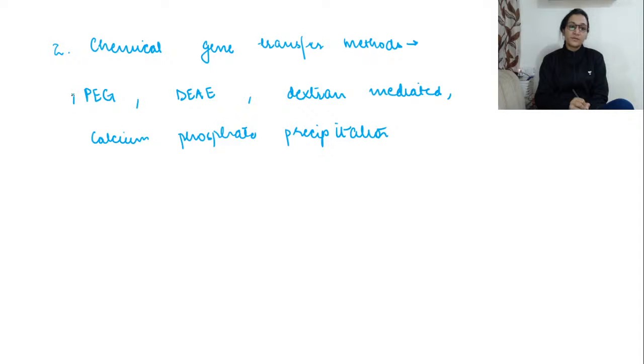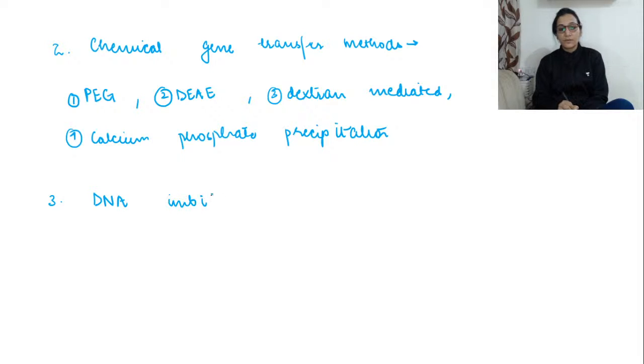So chemical methods: polyethylene glycol mediated, then diethyl amino ethyl mediated dextran, and calcium phosphate mediated. After that, it is DNA imbibition by cells.